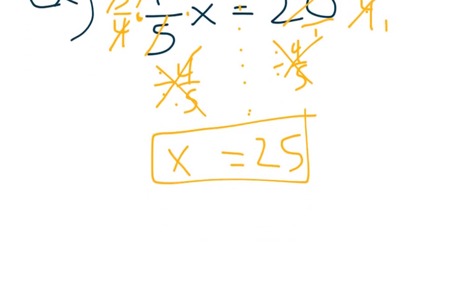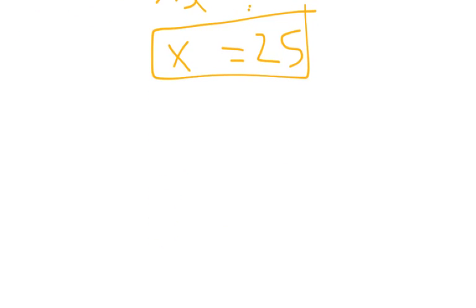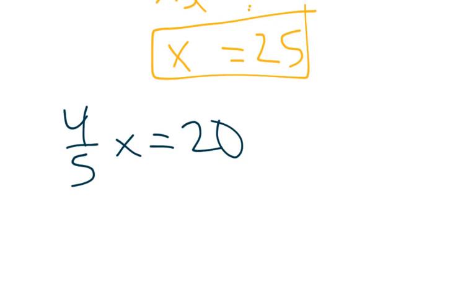Now, let's talk about another way to solve a problem like this. Maybe you're not the best with fraction arithmetic. That's totally fine. You can think of this as, I'm going to rewrite it, 4x divided by 5 is equal to 20.